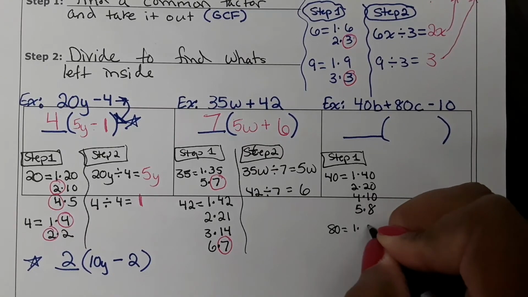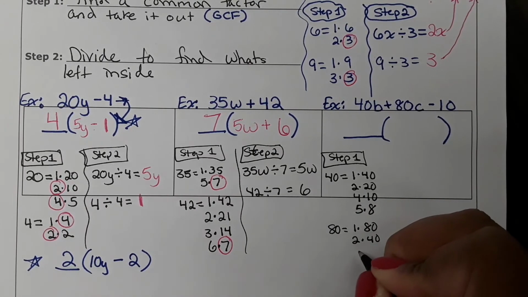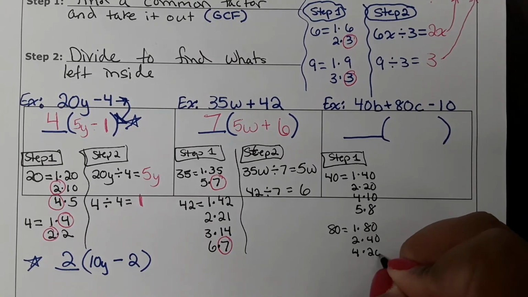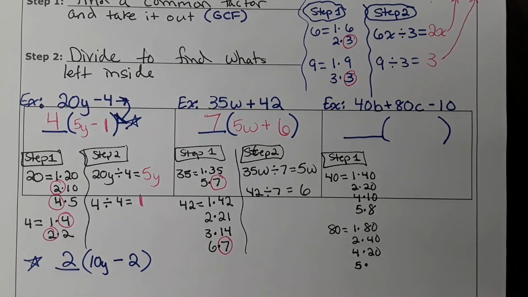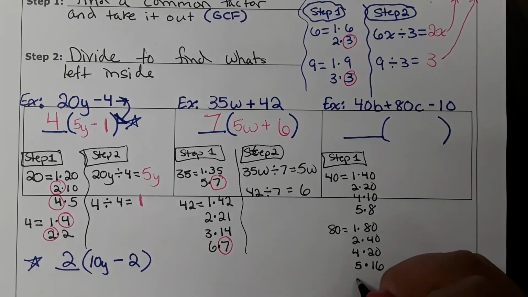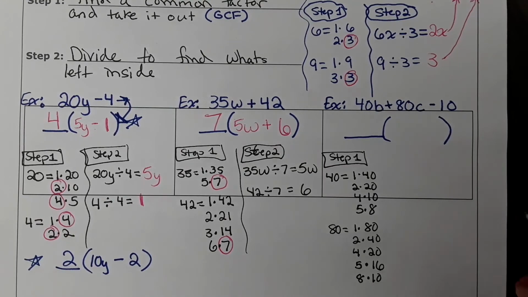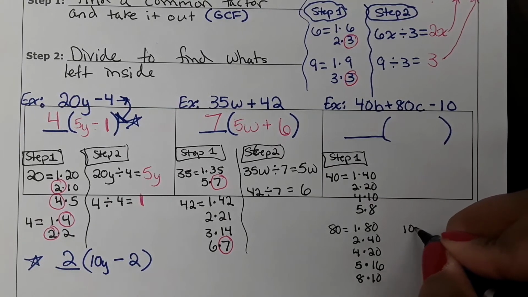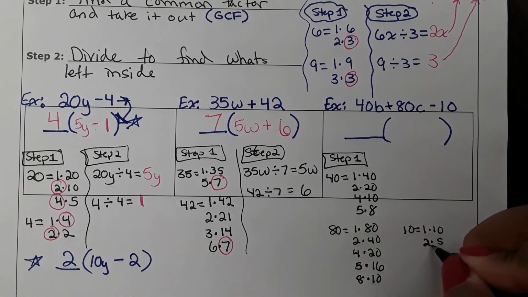So it'll be 1 times 80, 2 times 40, 4 times 20, let's see, 5 times 16, and then we have 8 times 10. Woo! And then finally 10, factors of 10, 1 times 10, 2 times 5.